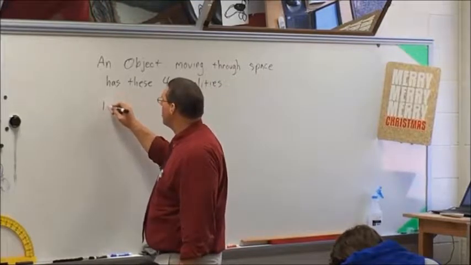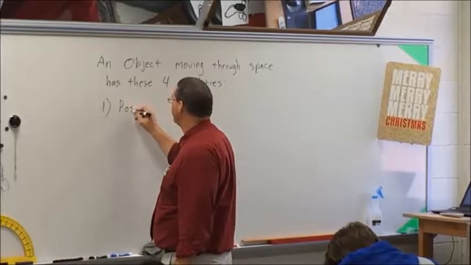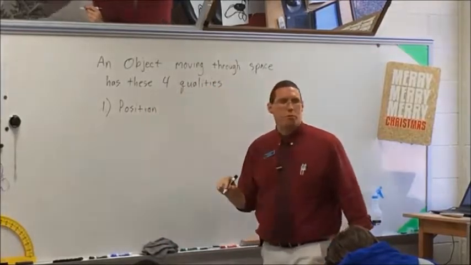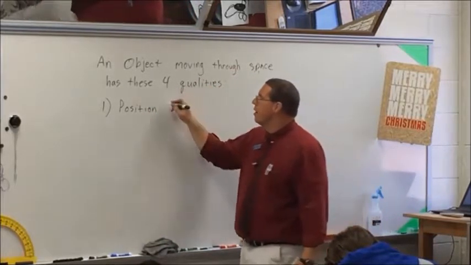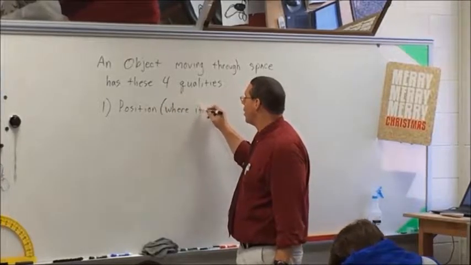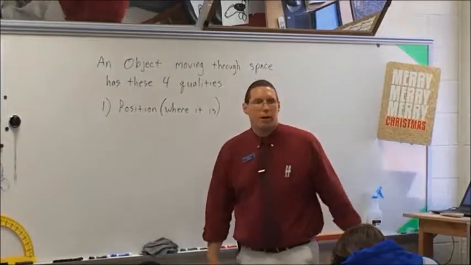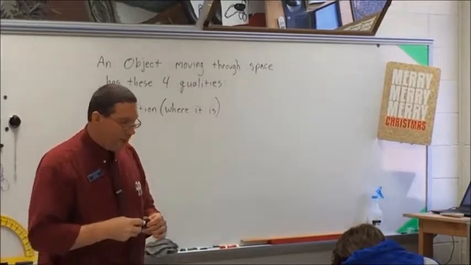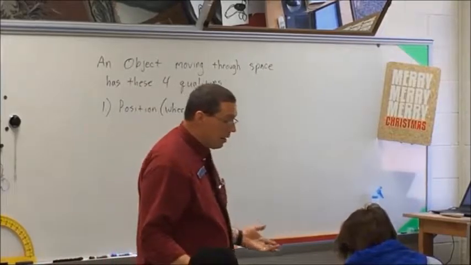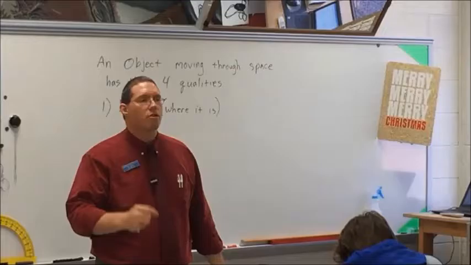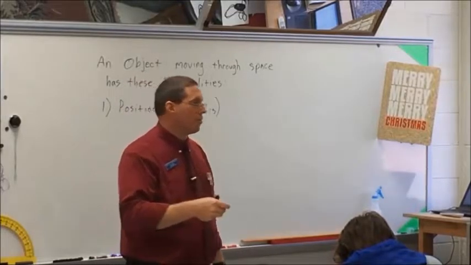The first quality is position. Every object moving through space has a position. The position of an object can also be called where it is. Now, the position of an object mathematically is always relative to some other place.